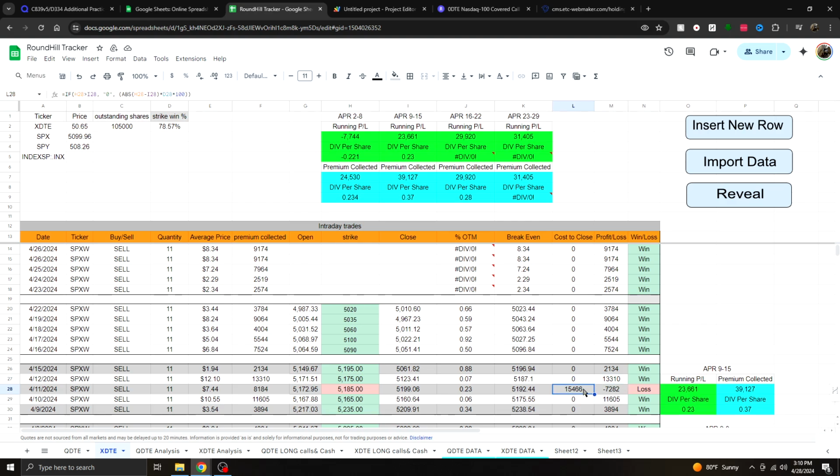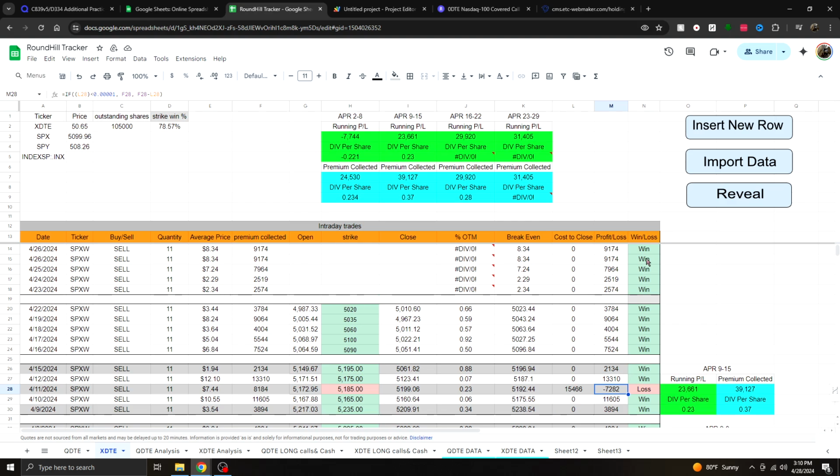If it's not 0, that means we had to pay something to close it, so it takes the premium collected minus the cost to close, and that's what we get.